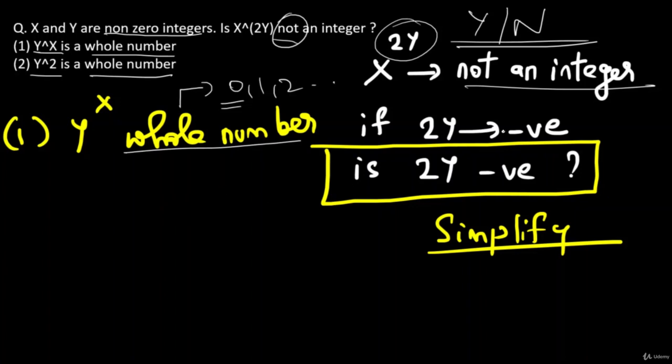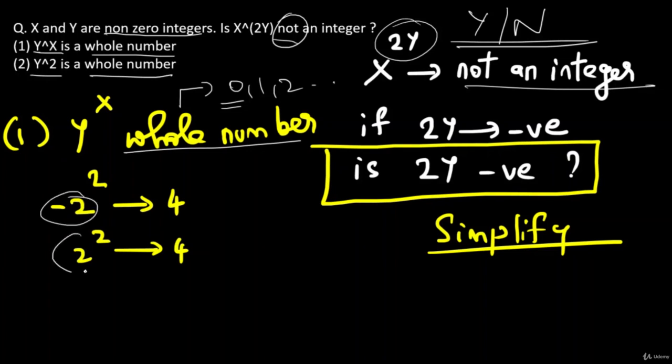If you take y as minus 2 and x as 2, then minus 2 to the power 2 is 4. Similarly, 2 to the power 2 is also equal to 4. So y can be negative or y can be positive. We are trying to find out whether y is negative. In this case, y is negative. In this case, y is not negative. So this is not sufficient for us. Therefore, statement 1 alone is not sufficient.